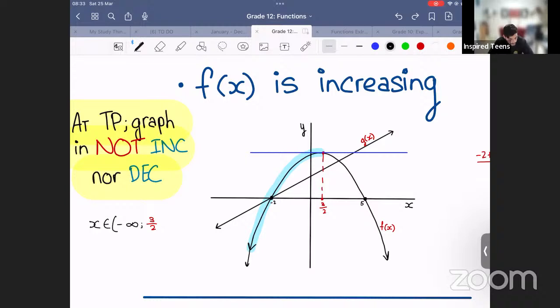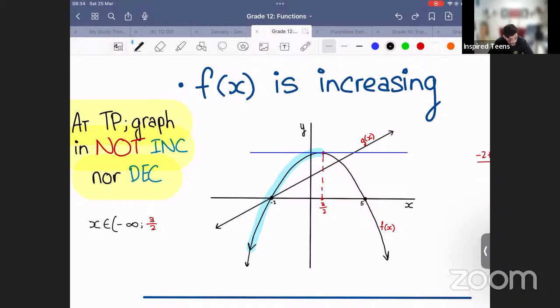Technical issues. Okay, I should be able to see the chat now if you guys type, but yeah.